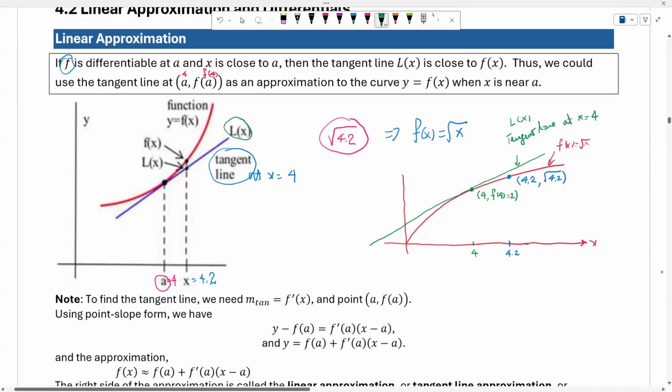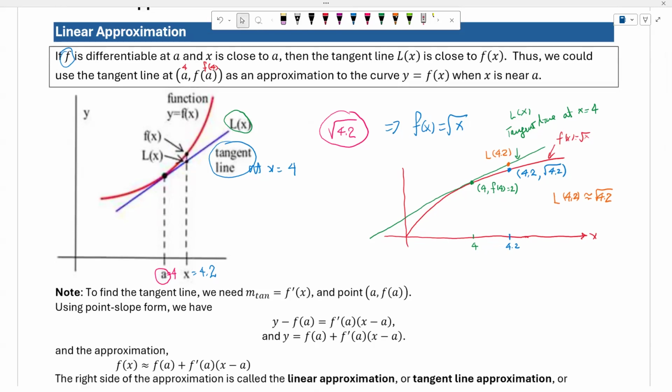Now, just by looking at the diagram, this point right here is a point on the tangent line, which is L of 4.2. Do you see that L of 4.2 is really close to the square root of 4.2, isn't it? So this is the idea of using linear approximations.